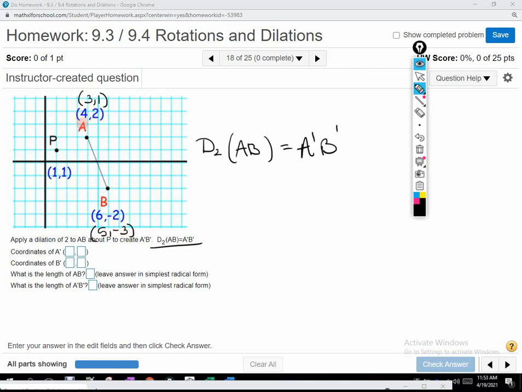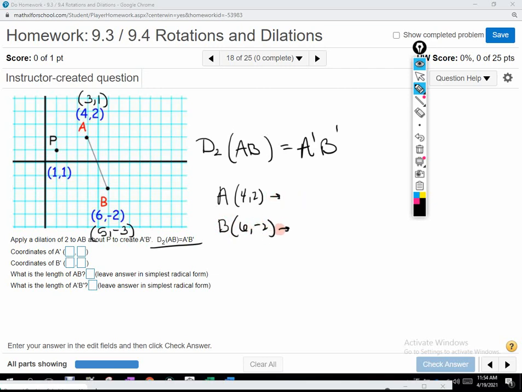Now you do the dilation to those. Okay, so the dilation of 3, 1 would go to 6, 2, right? Okay, so I'm going to write A goes from 4, 2, B was at 6, negative 2.